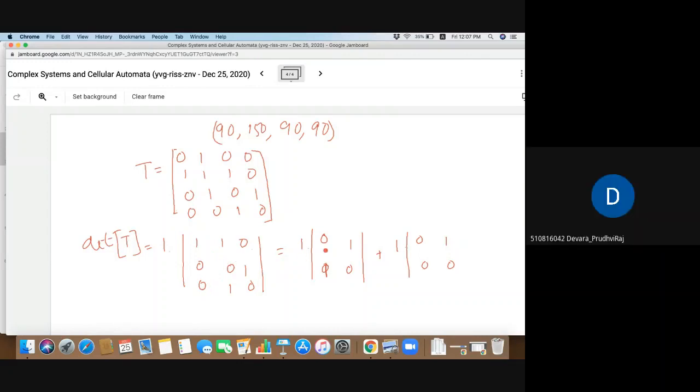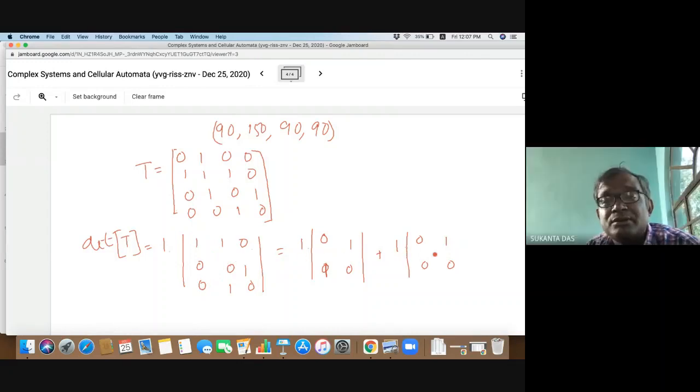So this 1, then 0 1 1 0, and for the other 1, 0 1 0 0. Then it will be again 1. Any wrong I am doing?